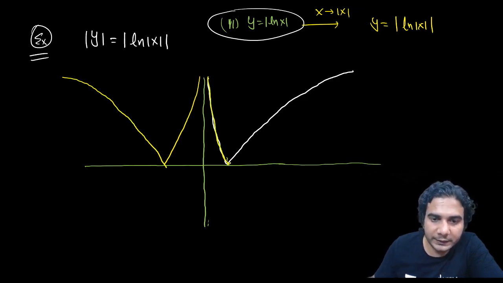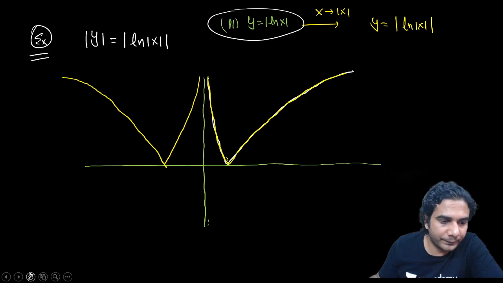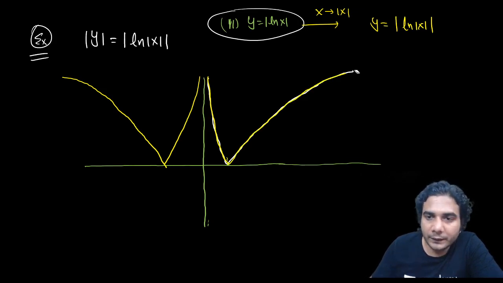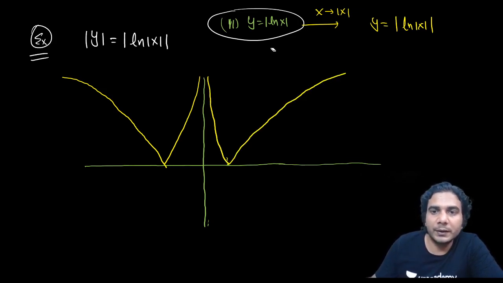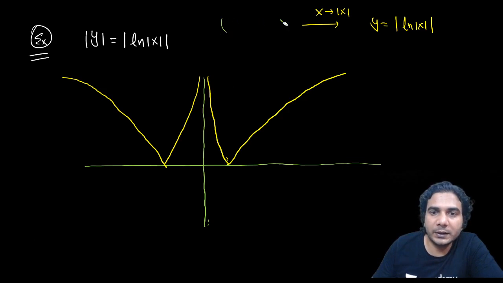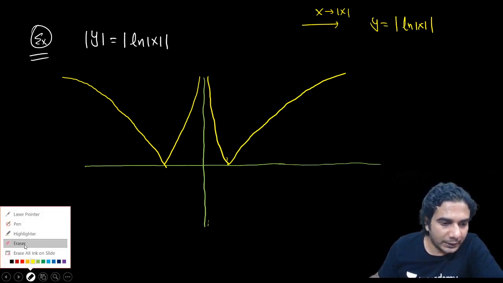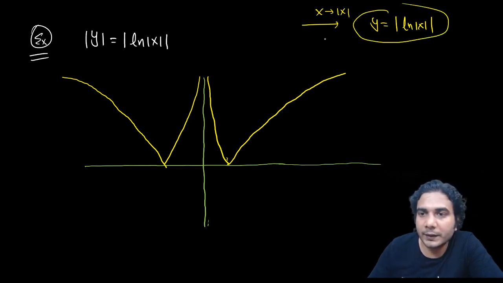So I'm making this yellow color. Now you have reached this portion. I'm removing this. This has been done. We have reached this step. Okay, so this we have plotted.